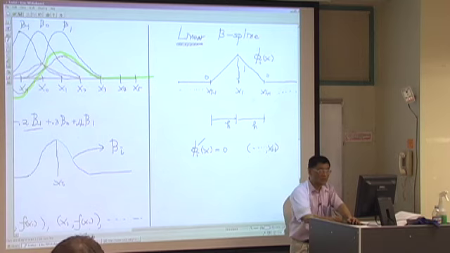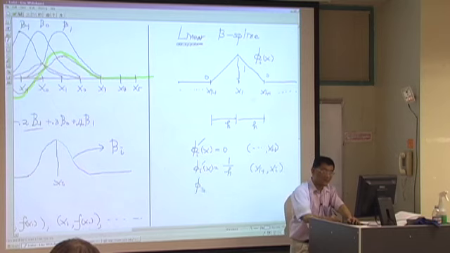And then from x sub i minus 1 to x sub i, the slope is 1 over h. Then the phi sub i derivative is minus 1 over h from x sub i to x sub i plus 1. The derivative is 0 after that.